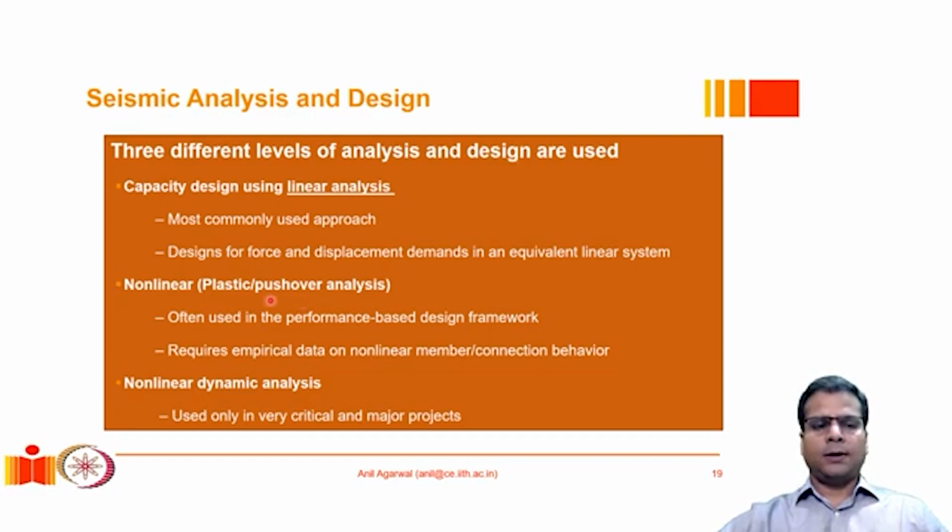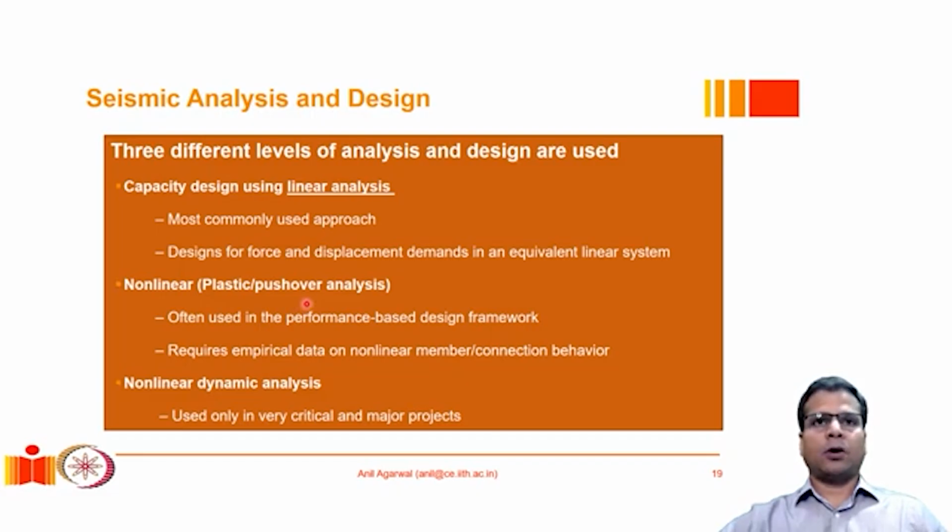In this analysis, we do not do analysis only up to the linear range. We understand that the structure is going to go into the plastic range. We have to model the portions of the structure which are likely to undergo plasticization with as much accuracy as we can, and that's where the role of the empirical models comes in.